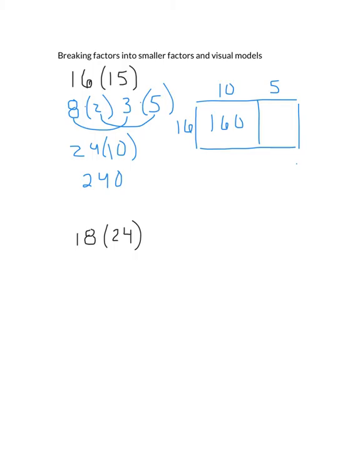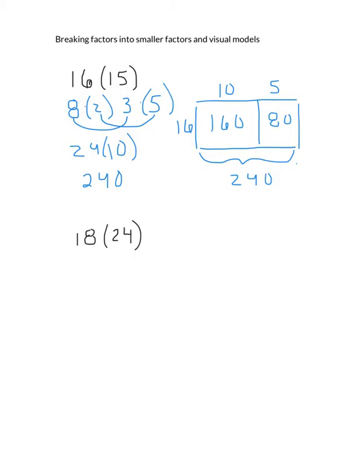We know 5 is half of 10, so half of that is 80. So we know our whole value is 240. That's just another possibility. It doesn't have to be done that way. That's an area model. Another visual model is with 16 15s, if you wanted to make 16 cookies with 15 chips in each cookie, that could be a visual model as well.